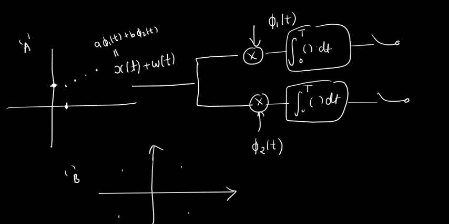But if there was noise, what would happen? There will be some addition or some deviation from these two points at the receiver end. So you have sent this, but you might get this.